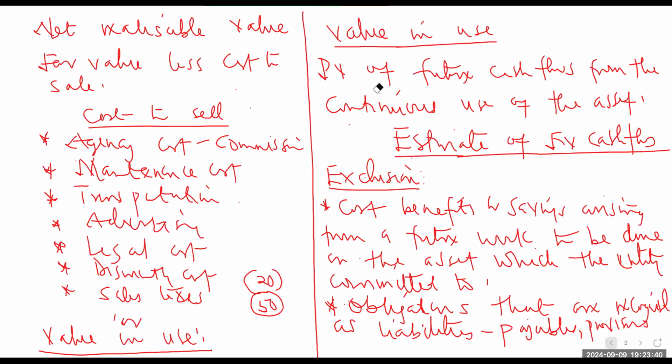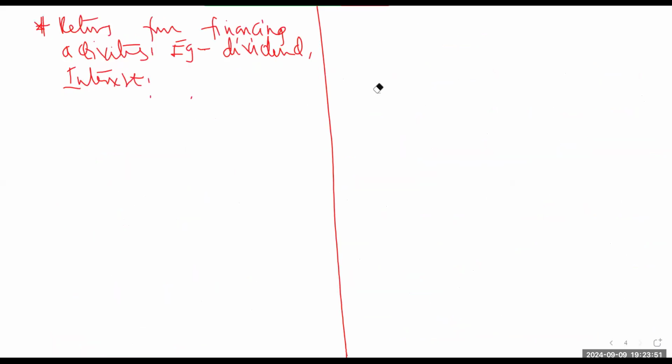So cost, benefit, or savings for the future work to be done, if the entity is not committed, obligations that are recognized, and the return from financing activities, it should be dividend and interest.